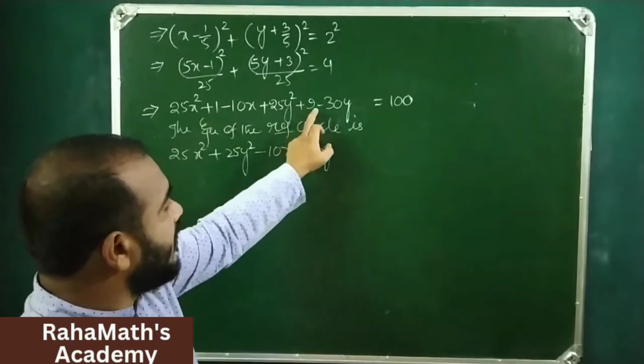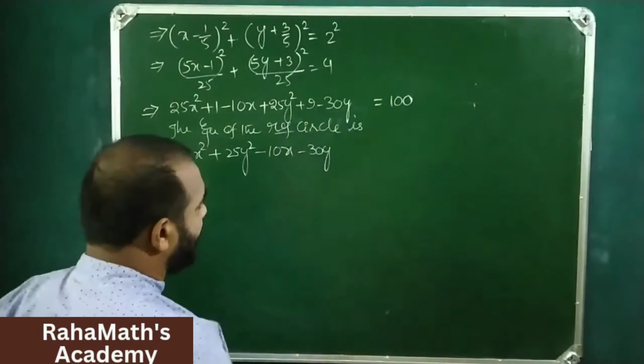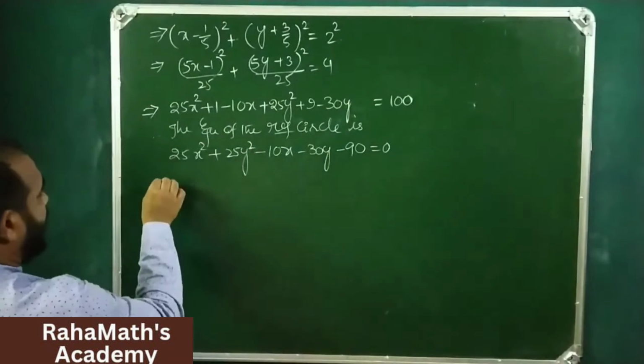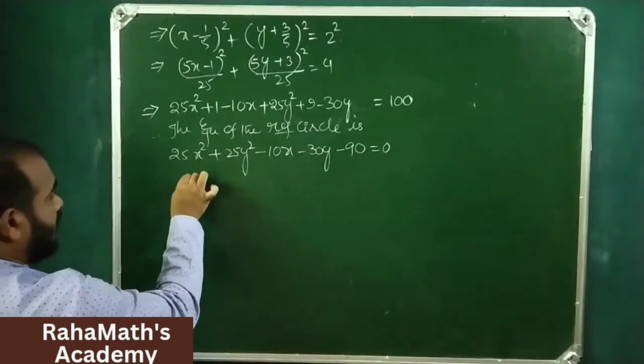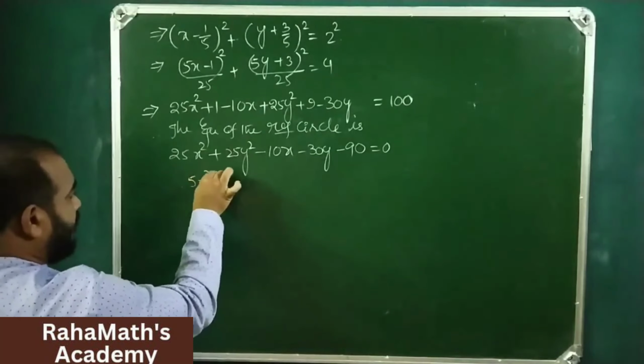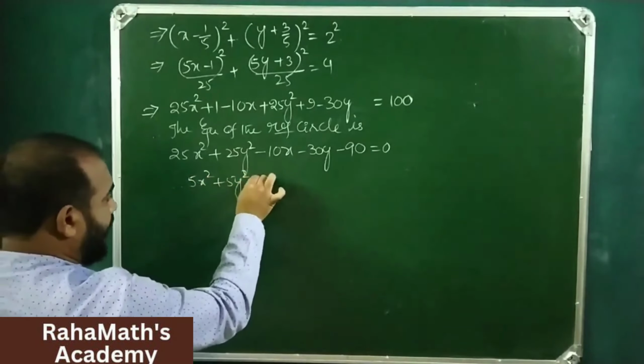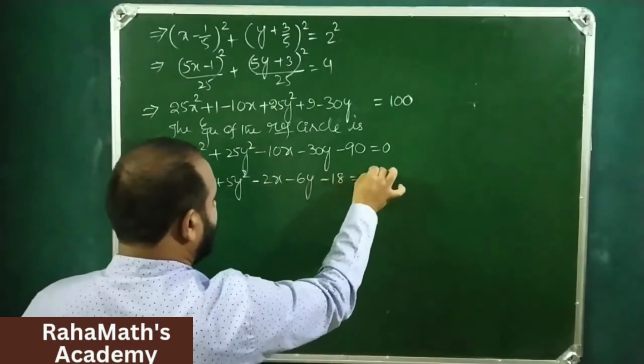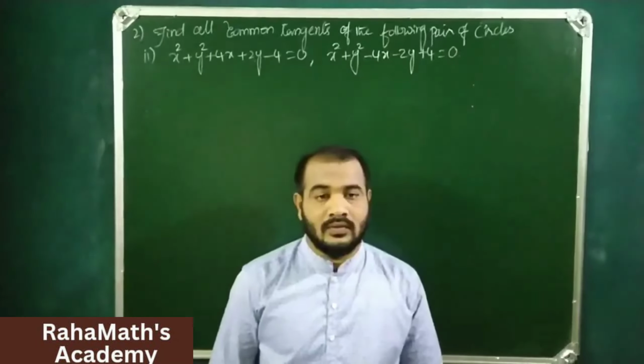So 1 plus 9, 10, 10 minus 100 is minus 90 equals to 0. Therefore, if I take a 5 in common, 5x square plus 5y square minus 5 2s are 10, 5 6s are 30y, 5 18s are 90 equals to 0.